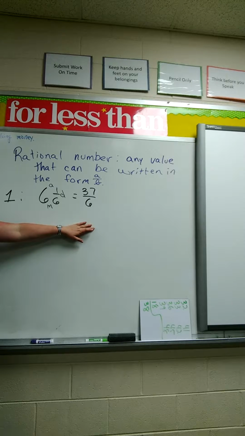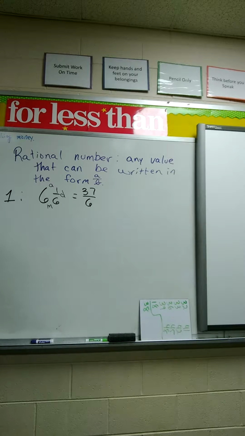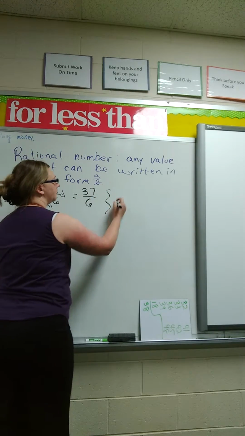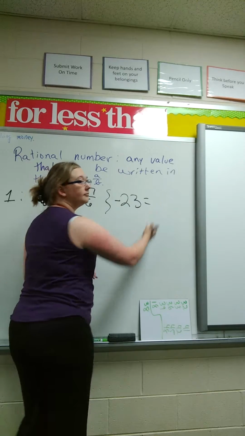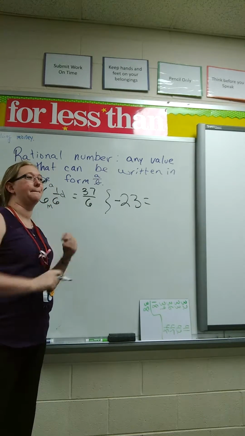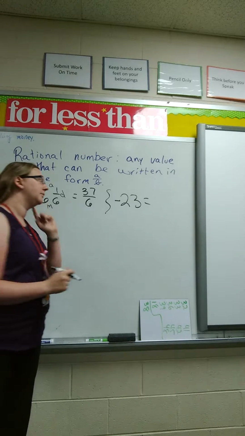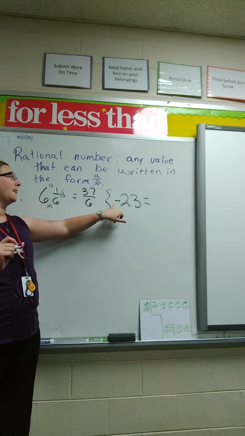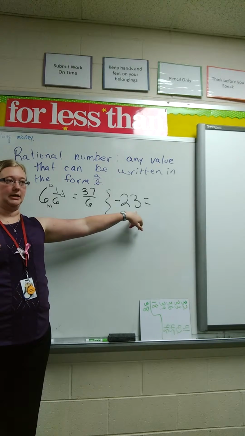We good? Okay. The second part of that example in part B, it says negative 23. How do I write negative 23 in the form of A over B? I need a denominator. Negative 23 over 100? Not over 100, because that would be negative 0.23.